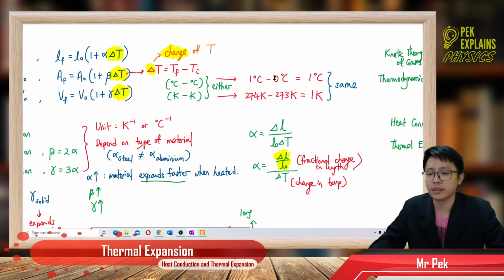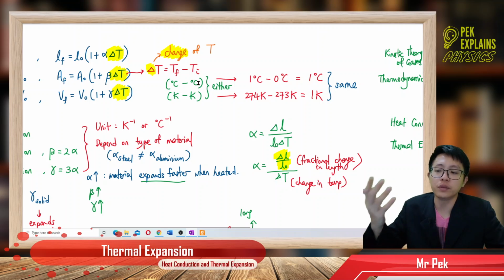So when you subtract, you get the same difference. This is a difference of 1 degree Celsius, and this is also a difference of 1 Kelvin. So for change of temperature, 1 degree Celsius is equivalent to 1 Kelvin, and we can use either one.